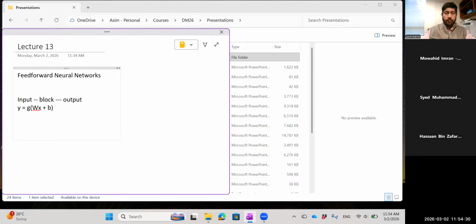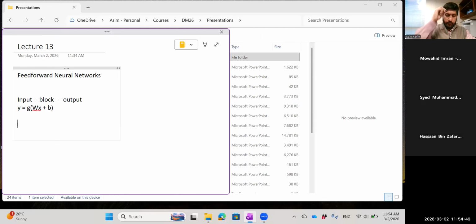But neural networks generalize this single block into multiple blocks. And in particular, we are talking about the feed-forward neural network. Feed-forward neural networks have multiple such blocks. You can call them layers or blocks.